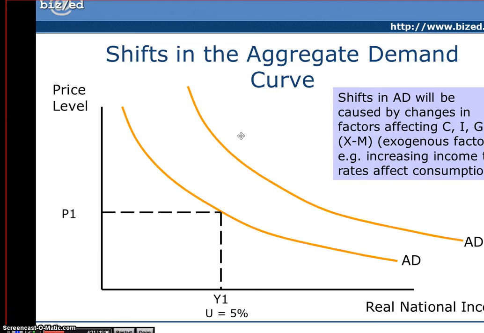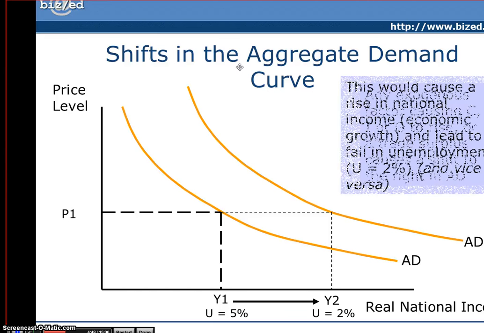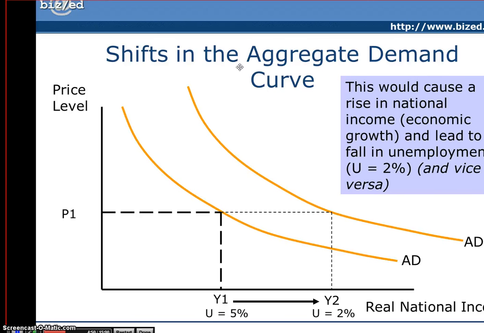So for example, increasing income tax would affect consumption. It would actually do the opposite of what's been shown here. It would decrease aggregate demand. Any other factor, like for example, if our exports are doing particularly well, is going to increase aggregate demand. So you do need to be familiar with what's going to shift each of those factors.